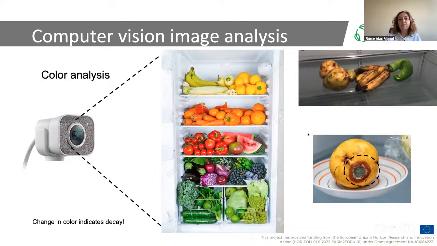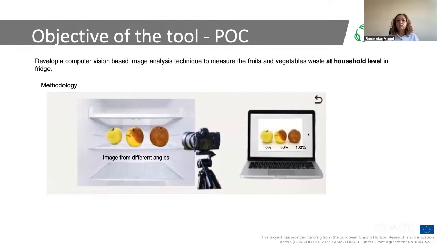with a simple camera. And the objective of the tool is to develop a computer vision based image technique to measure the fruits and vegetable food loss and waste at household level in the fridge. And this tool is a kind of a proof of concept, which would eventually be implemented in real fridges and real cases in the end.